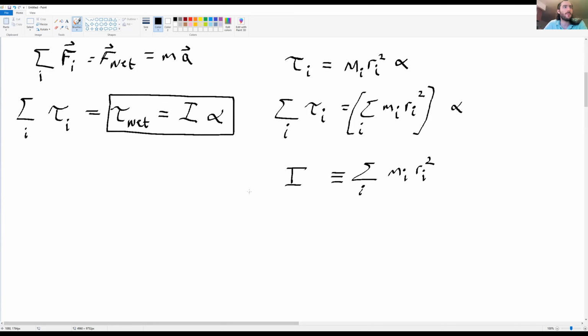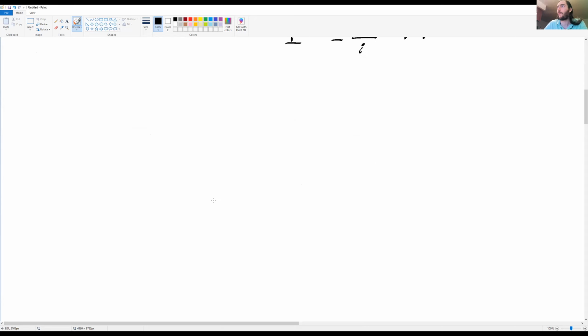And so you can calculate the moment of inertia of a simple system now. Let's go ahead and do that. We'll calculate the moment of inertia of a simple system here. We have two masses. Well, let's make it simple. This one will be 1 kilogram.